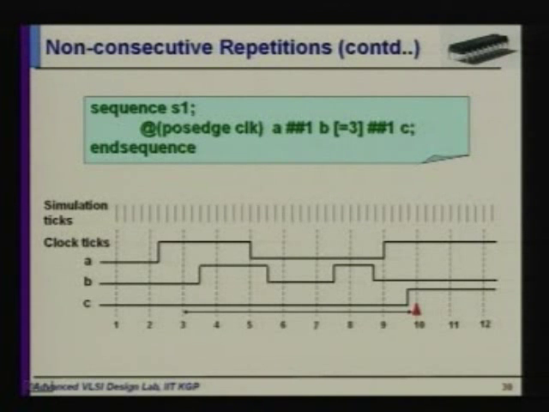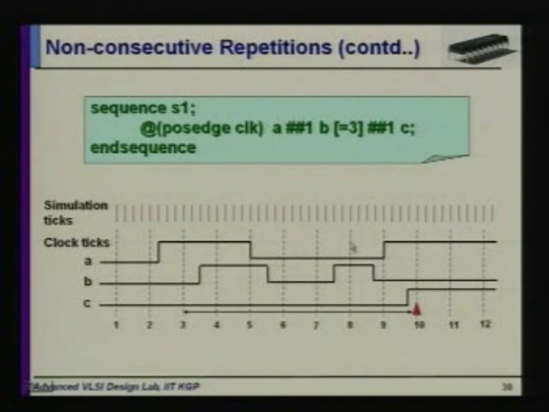In the go-to repetition, the final B that occurs must be followed by #1 C. The next cycle we must have C. Otherwise, if B lowers before C gets up, then the sequence will not be satisfied. In non-consecutive, we can allow that. We want 3 times B in between A and C. The non-consecutive repetition also requires that B count must be equal to 3.